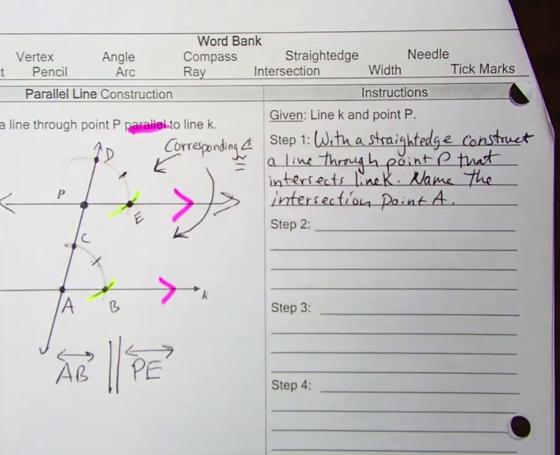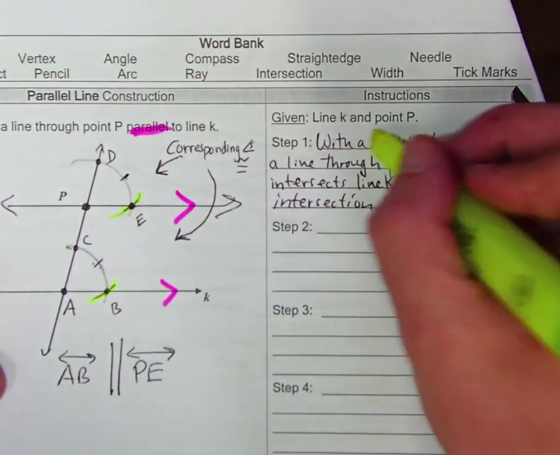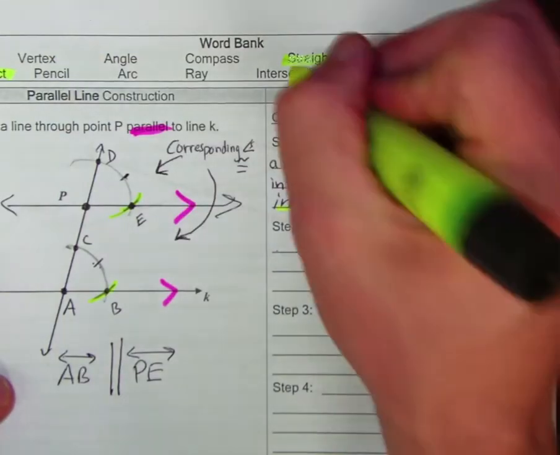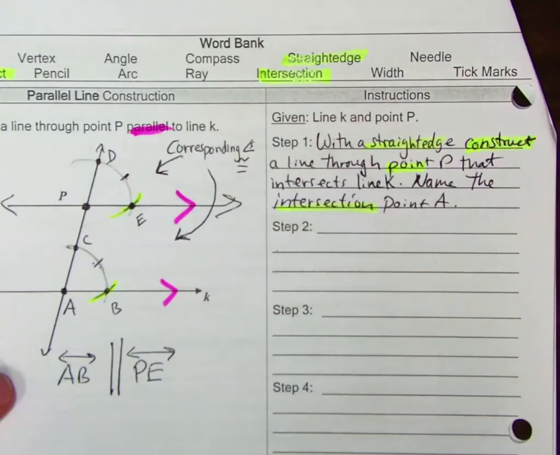Notice all the different words I was able to get in here. It's straight edge, construct, point, intersection.